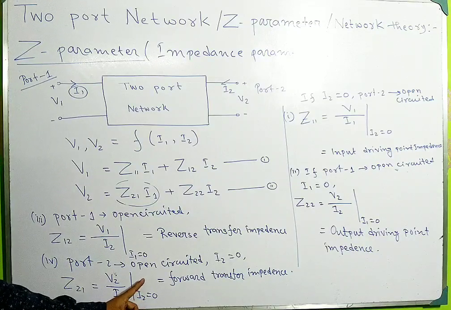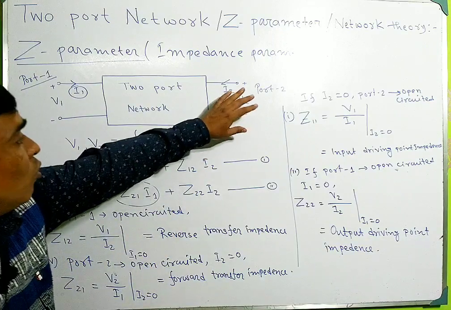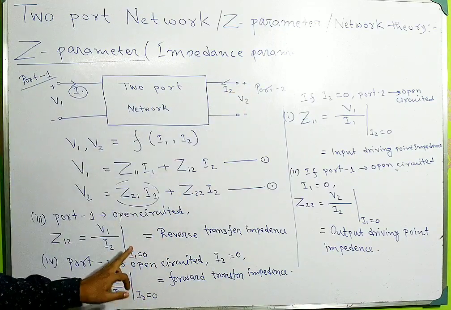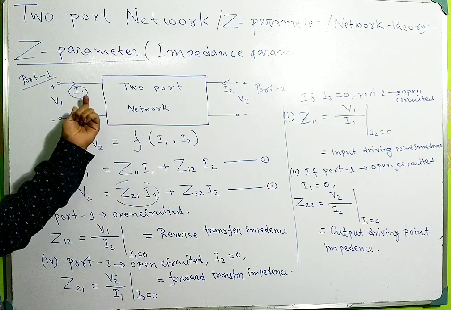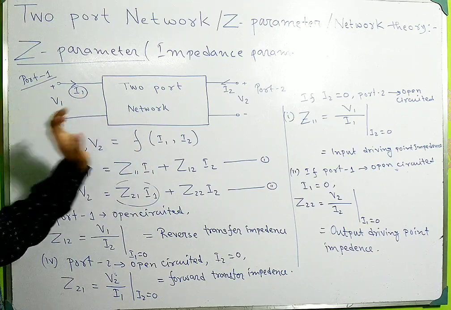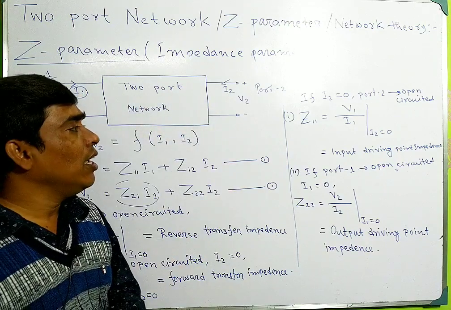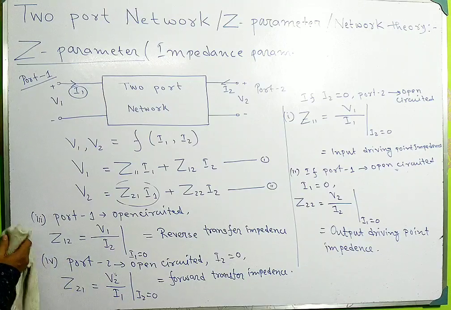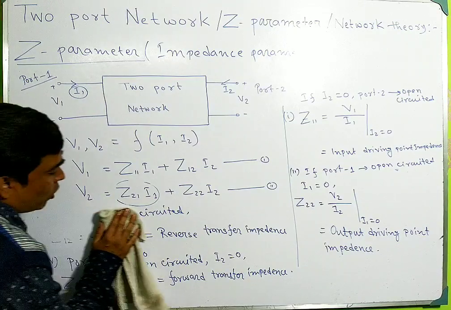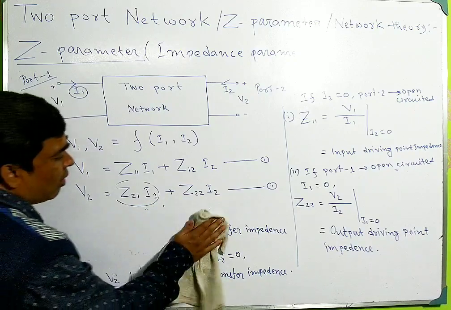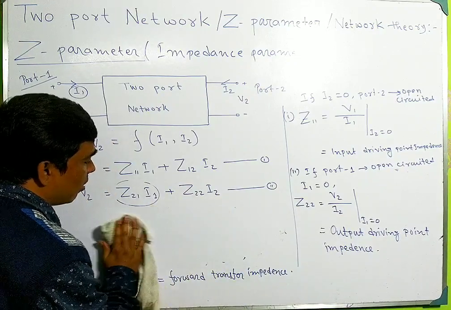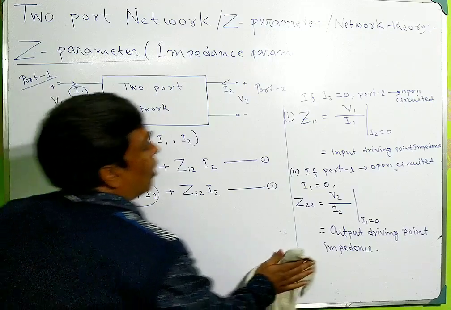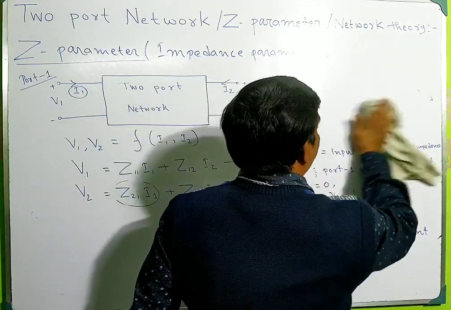So in this case the output is open circuited, and in this case the input is open circuited. Okay, so in this way you can define this Z parameter. Now we will constitute the equivalent circuit of this Z parameter.